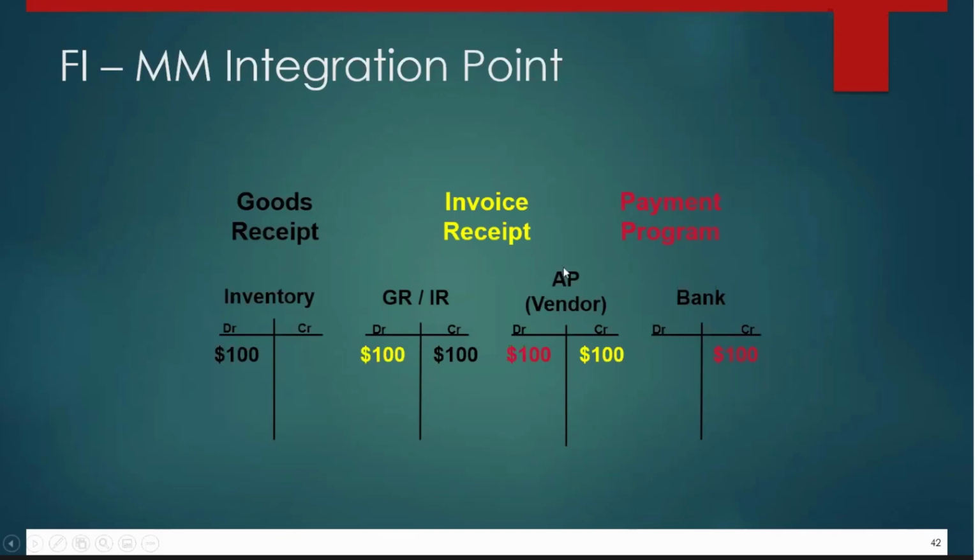After that, the vendor will be credited by 100, and the liability, when I pay it, I will put it in the debit. At the same time, when I pay, I will reduce my bank account by 100. So this is how to summarize everything in the accountings regarding the purchase order process.